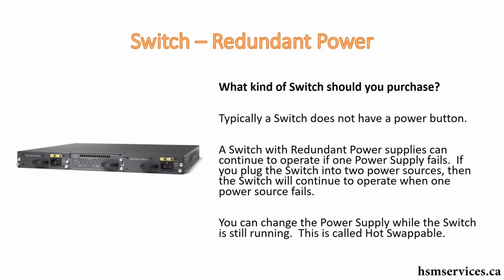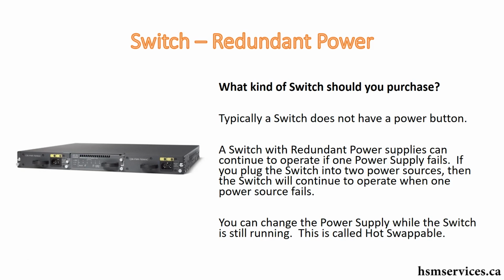Redundant power supplies are pretty important in large networks, and the reason is the switches run 24 hours a day, 7 days a week. They don't even have power buttons, so a power supply is a pretty common point of failure on a switch.